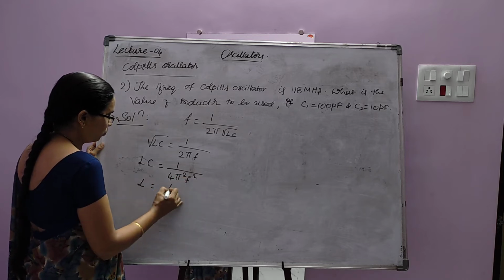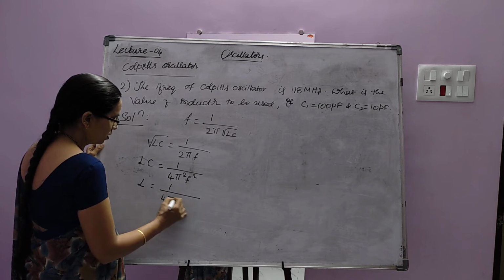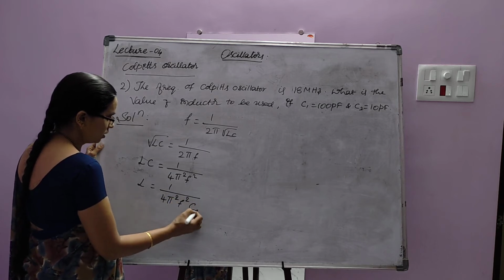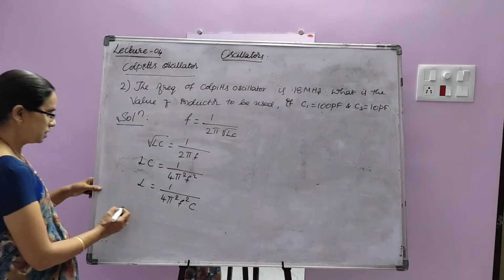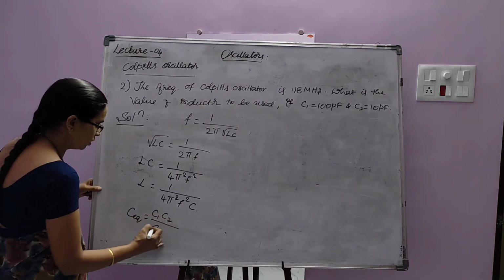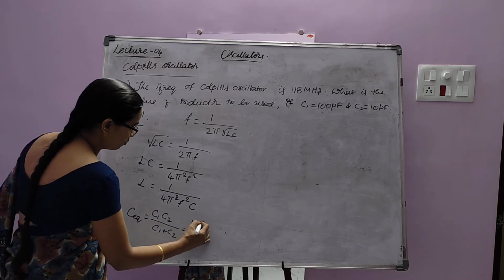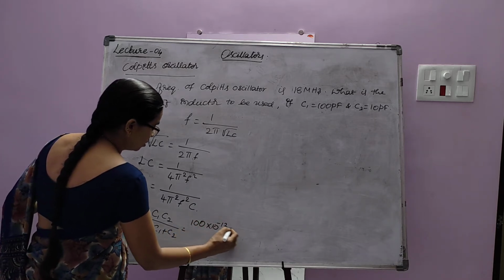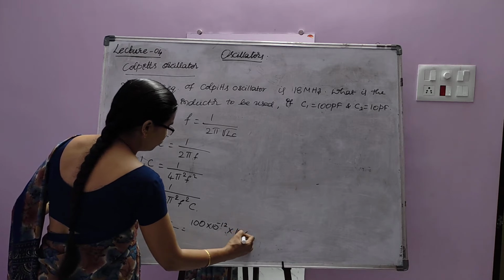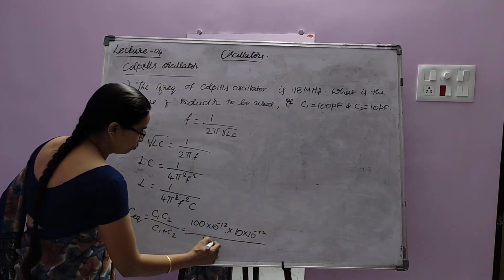L is equal to 1 by 4 pi square f square into C. C equivalent can be calculated by C1 C2 by C1 plus C2: 100 picofarad into 10 picofarad divided by 110 picofarad.